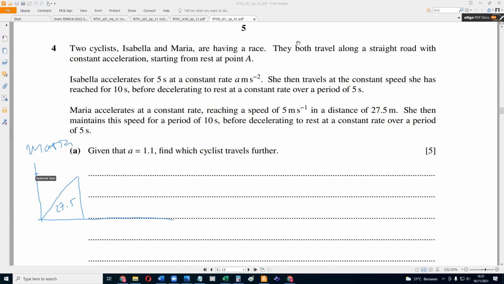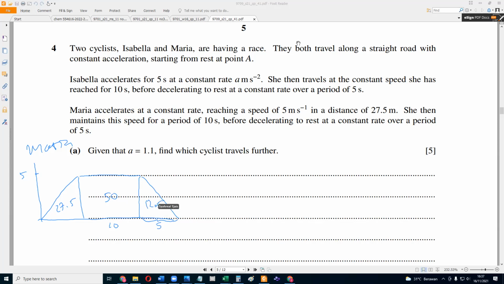The speed is 5 meters per second here, then maintains for 10 seconds. If she maintains for 10 seconds, the distance she covers is going to be 50, of course. Before decelerating to rest at a constant rate for 5 seconds, the area for this one is going to be 12.5.